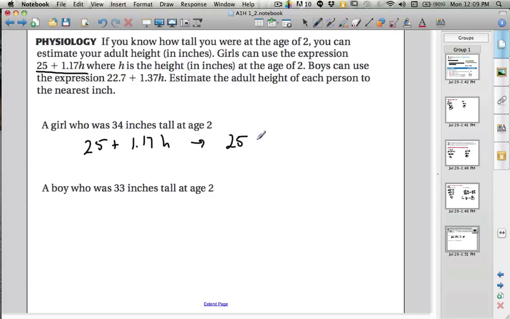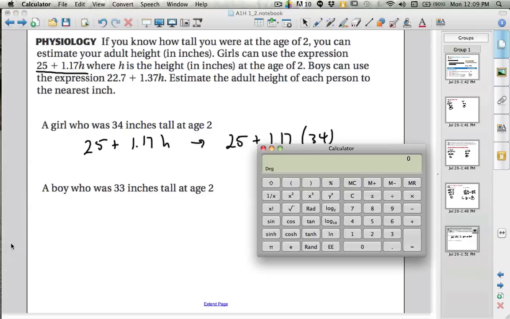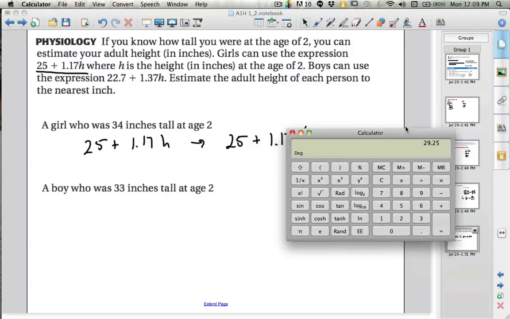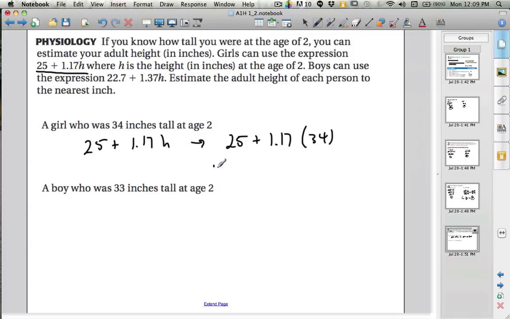That's 25 plus 1.17 times the height, 34. Now I'm going to go ahead and pull out a calculator to do this one. So I'll have 1.17 times 34 is equal to 39.78. So I'll have 25 plus 39.78.